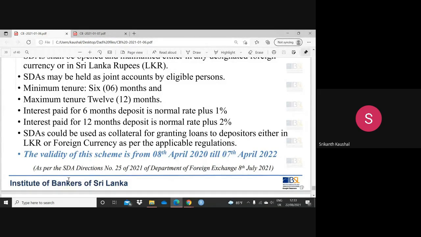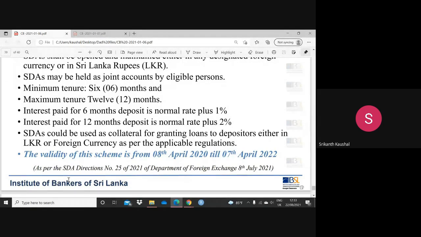Then they extended another 6 months. Now they extended it up to 7th April 2022. That means this investment scheme is available for 2 years, commencing from 8th April 2020 till 7th April 2022. What is the speciality?